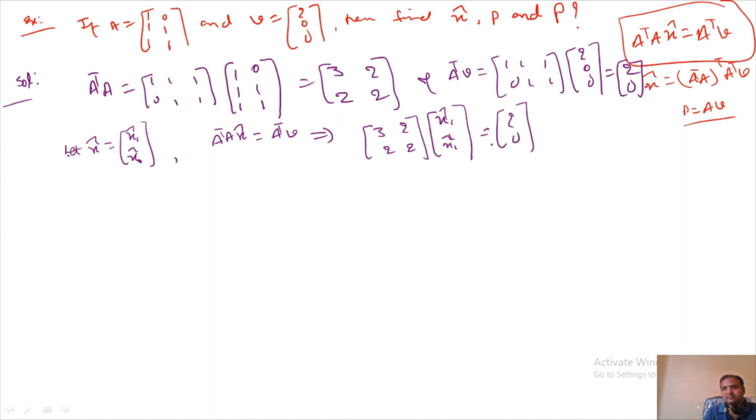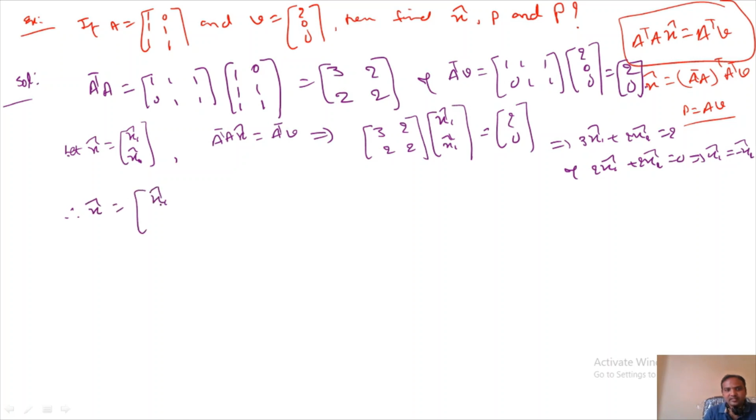Solving this equation by any method, that means 3 x1 hat plus 2 x2 hat equal to 2 and 2 x1 hat plus 2 x2 hat equal to 2. That means x1 hat equal to minus x2 hat. Therefore X hat equal to [x1 hat, x2 hat].